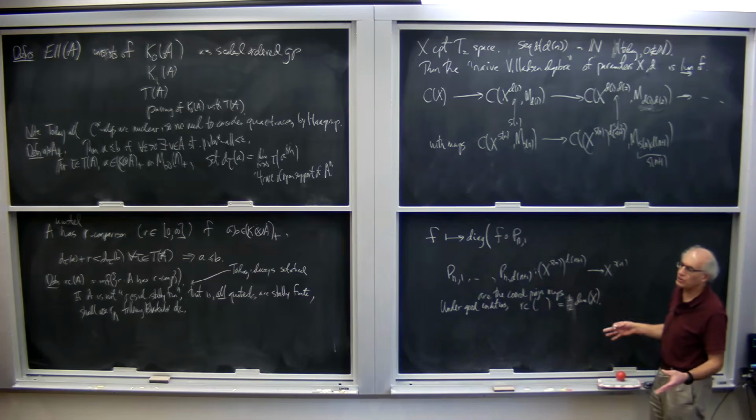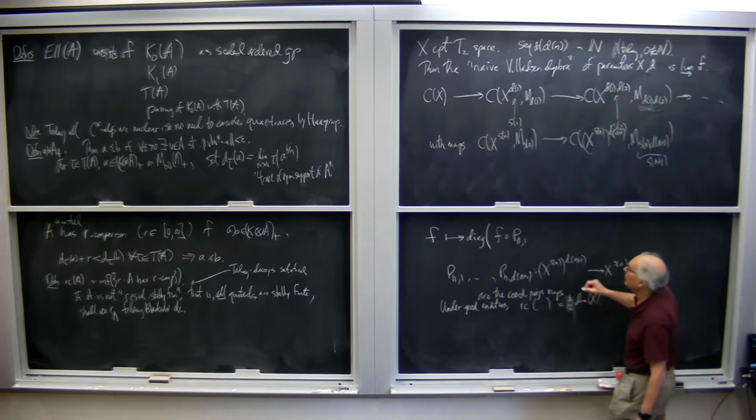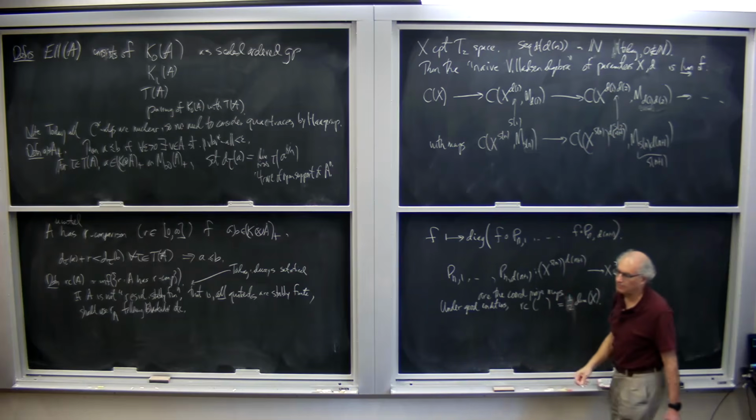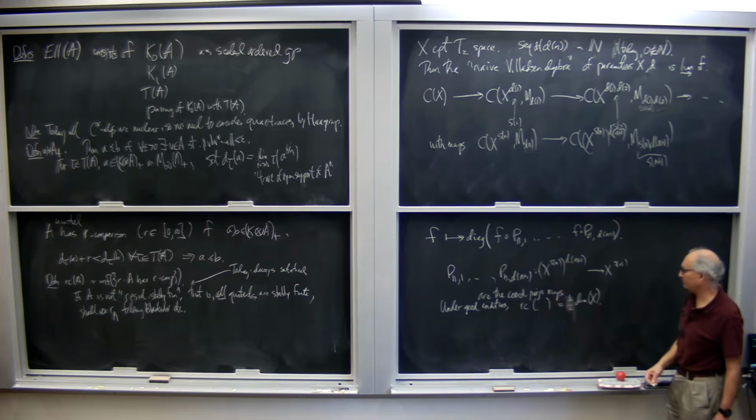There are compact metric spaces X such that X cross X has dimension less than twice the dimension of X, in which case this will be smaller. Nobody actually knows. I guess for that case, we can figure out. Oh, and I have to put up here what the rest of the things are. f composed with P n, D of n plus 1. Okay, but it's not simple.